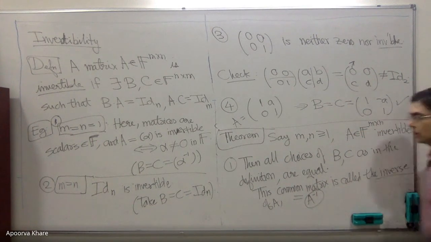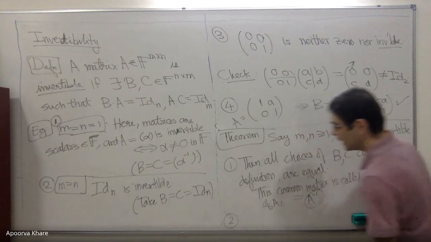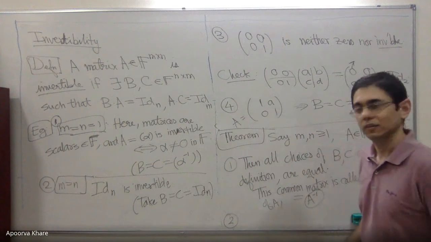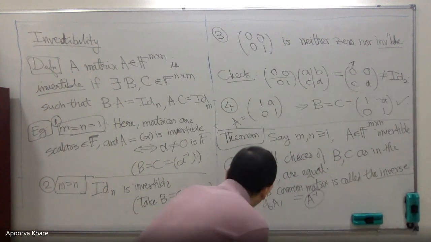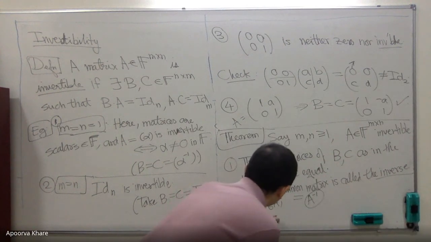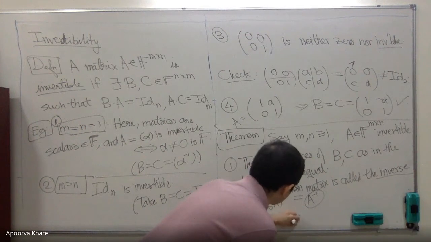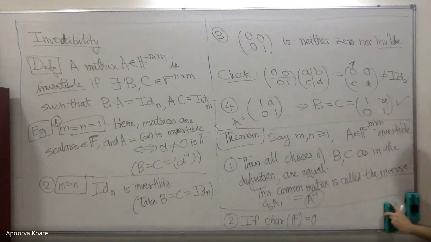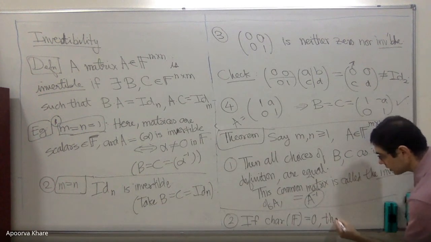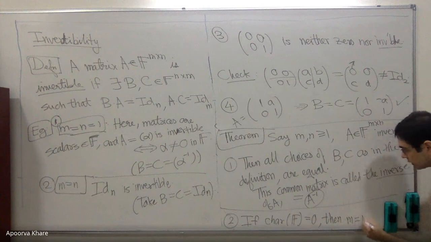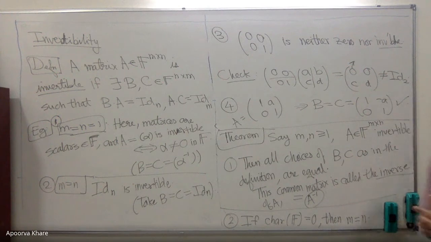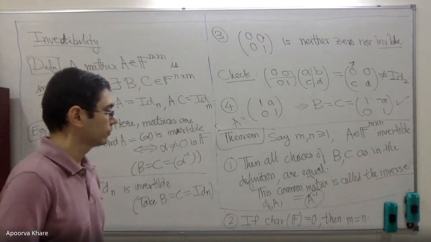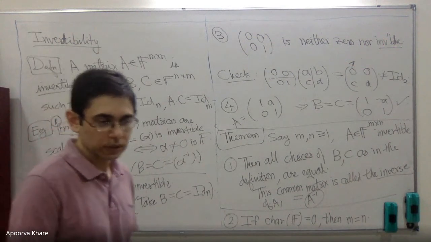Part 2: if the field has characteristic 0, then M equals N. If the characteristic of F is 0, then M equals N. Okay, so that is the theorem. Great. So let's write down the proof.